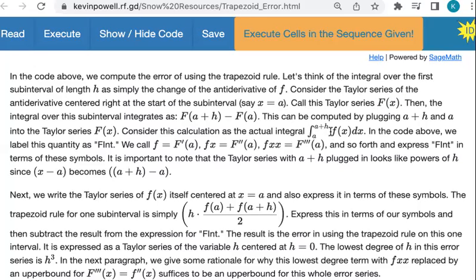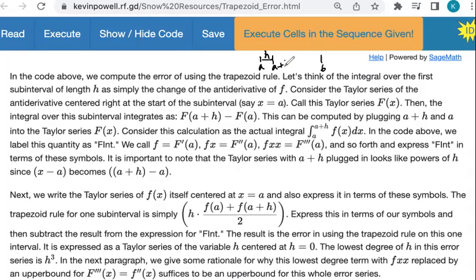Because if you think about one subinterval of length h and you start at a, so this is the first subinterval, going from a to b, this first one is going to have a length of h.